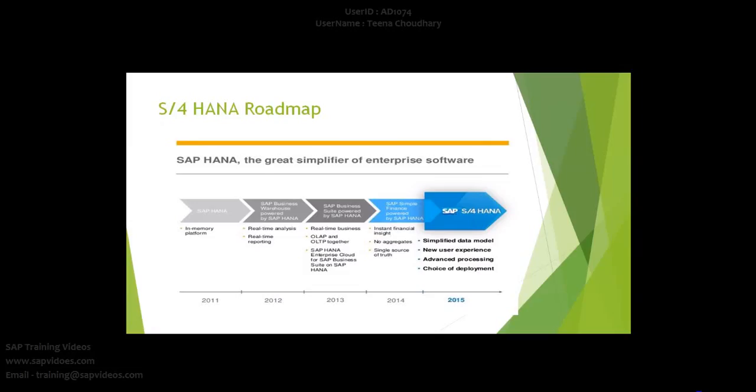So again, in 2015, MM, SD, PP were still the same. But there were some additional benefits. If you compare 2014 and 2015, although the data model is simplified, there was no new user experience, no advanced processing, and no choice of deployment. Right? So all these benefits came in 2015.